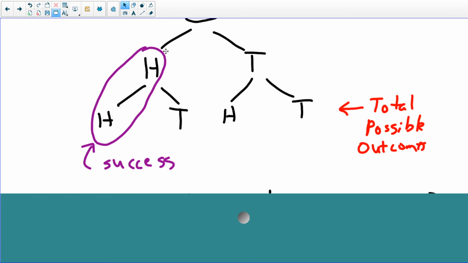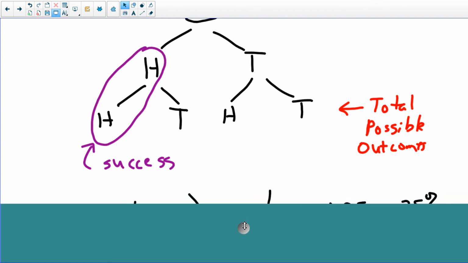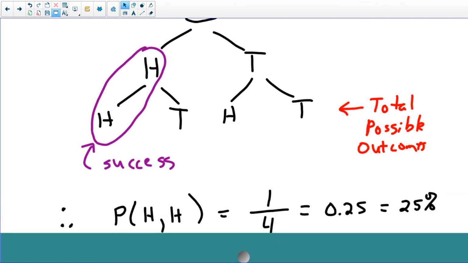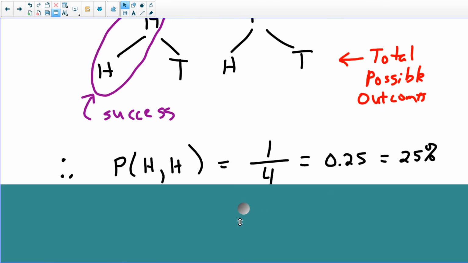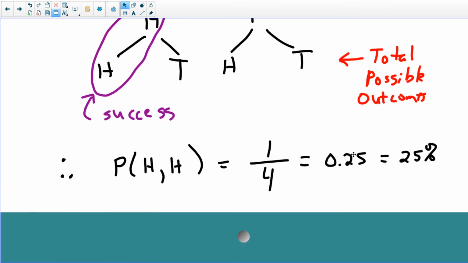So there's a multiplication pattern that happens when you have a certain number of choices for the first time and a certain number of choices for the second time. It seems to be you just multiply the 2 numbers together, which is a power, right? An exponent, 2 squared. Just keep that in mind. And that means our probability of rolling 2 heads is 1 out of 4, which is 25% of the time.